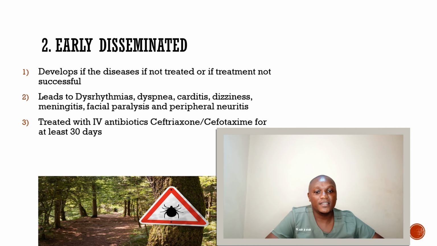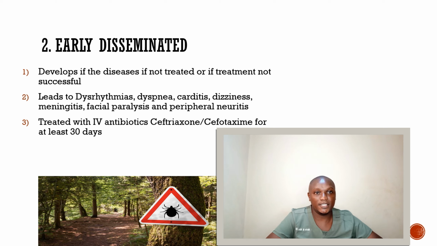Early disseminated develops if the disease is not treated or if treatment is not successful. So if the disease does not respond well to the treatment, or it is not treated at all, it might progress to early disseminated, whereby the patient will experience dysrhythmias, dyspnea, candidiasis, dizziness, meningitis, facial paralysis, and peripheral neuritis.